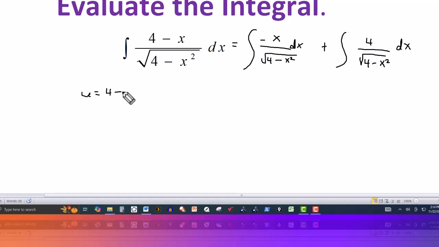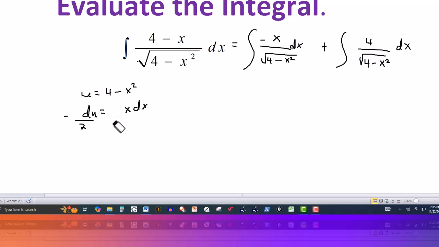Let u equal 4 minus x squared. Then du would equal the derivative. 4 minus x squared is minus 2x dx. And then we divide through by negative 2 here. The minus here, this is 2 here.